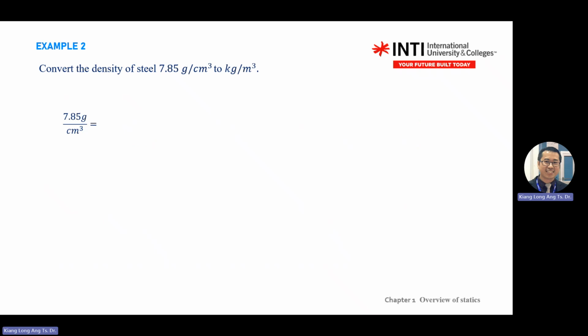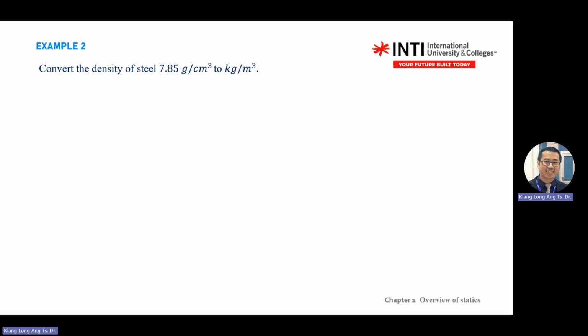Okay, density, this one another exercise. Convert density gram over cm cube into kilogram over meter cube. Can you convert? Same. If you don't know, you just write something like this: 1 kilogram equal 1,000 gram. Again, cm cube is what?